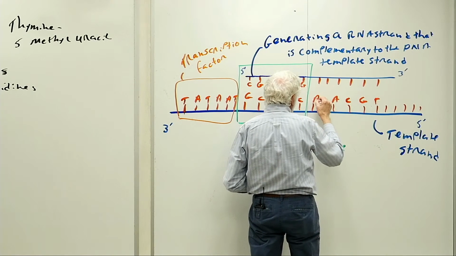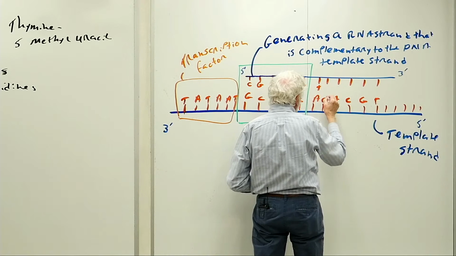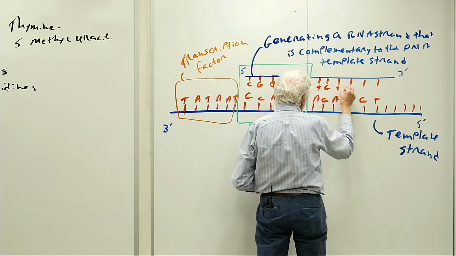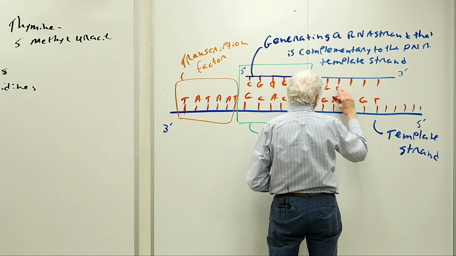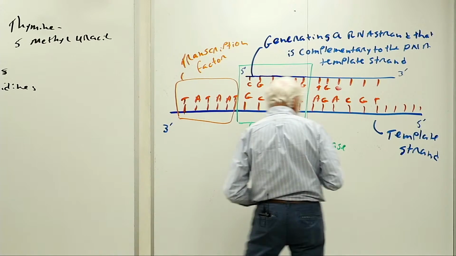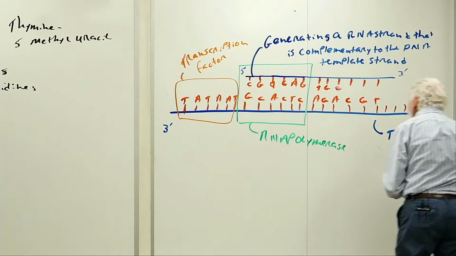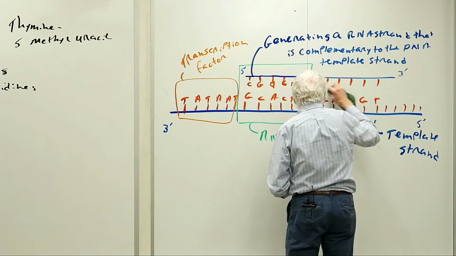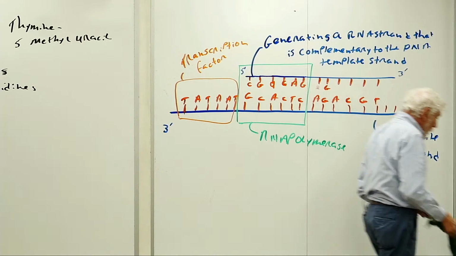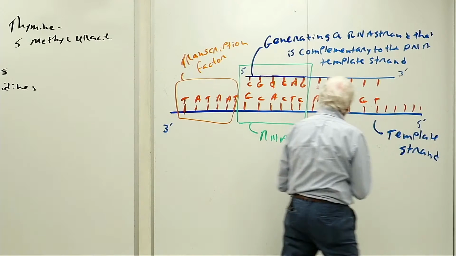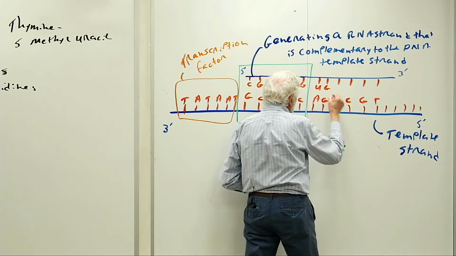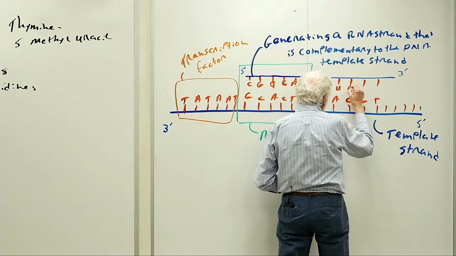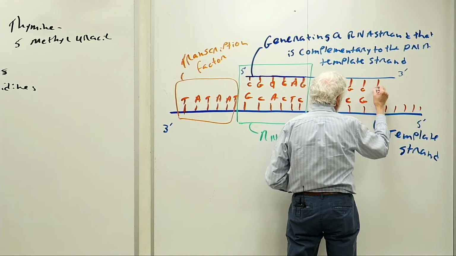So adenine will be to a thymine, guanine to a cytosine, adenine to a thymine. Sorry, what am I talking about? This is RNA, so this has to be an adenine to uracil, adenine to uracil, cytosine to guanine, guanine to cytosine, thymine to adenine.